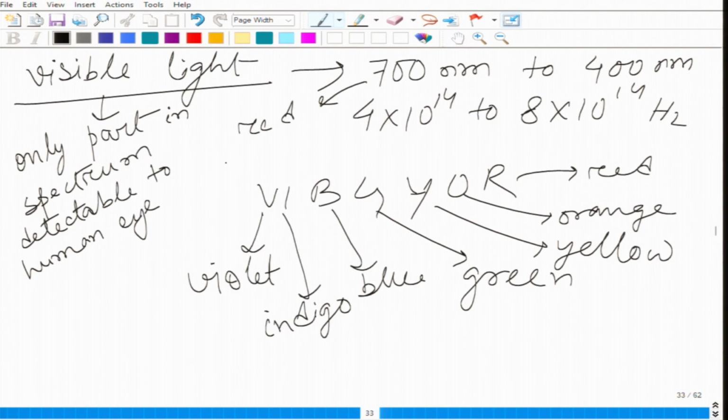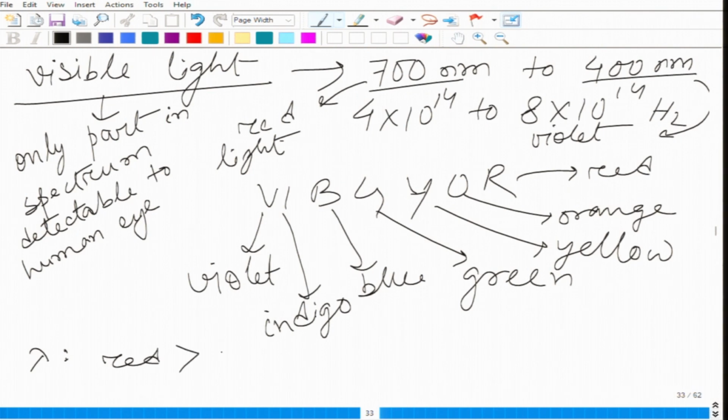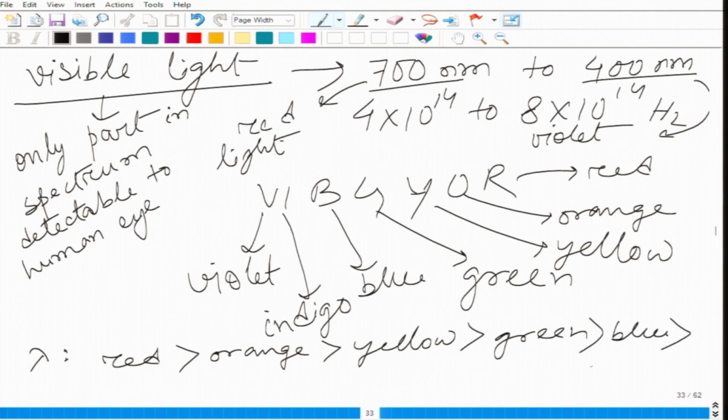Red light has the highest wavelength, that is the longest wavelength and lowest frequency, and violet light has the shortest wavelength and highest frequency. So according to wavelength, red is the highest, then orange, yellow, green, blue, indigo, violet.